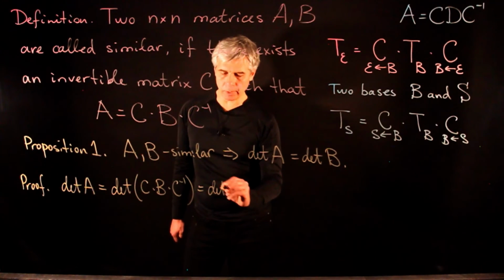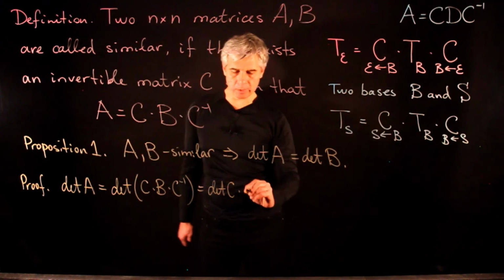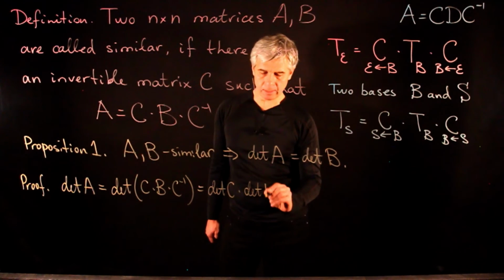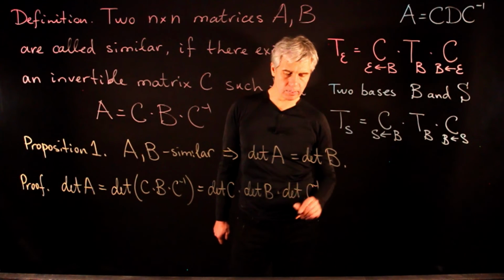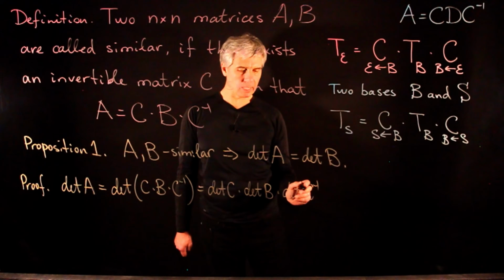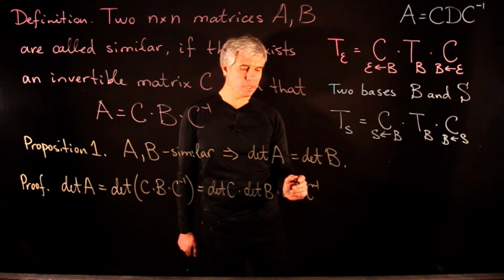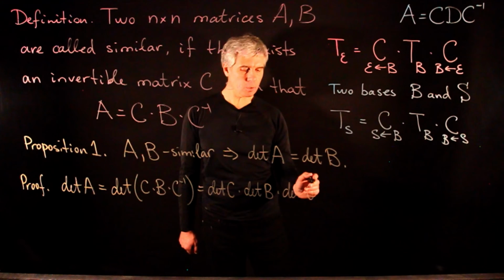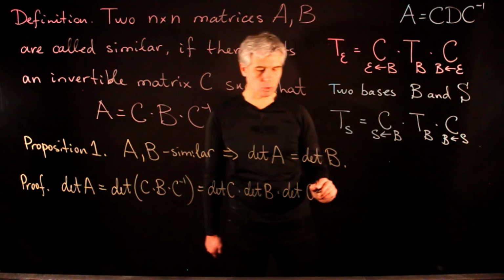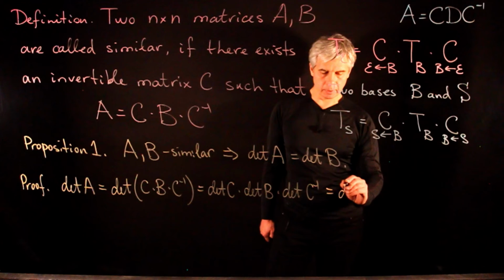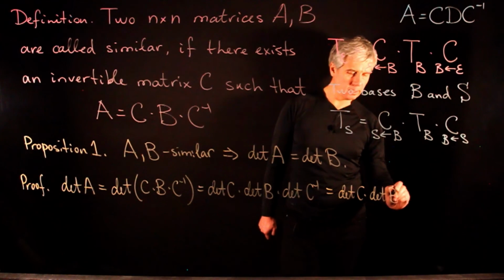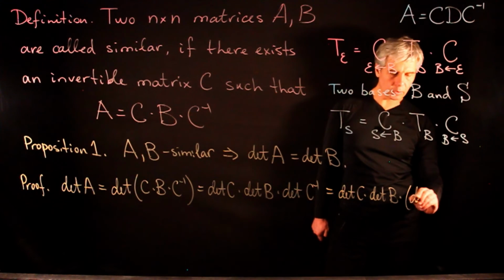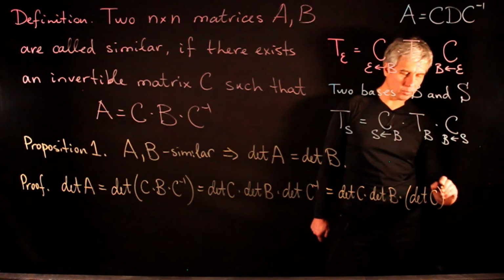So we get determinant of C times determinant of B times determinant of C inverse. But we also know that the determinant of the inverse matrix is the inverse of the determinant. So this will be determinant of C times determinant of B times the inverse of determinant of C.